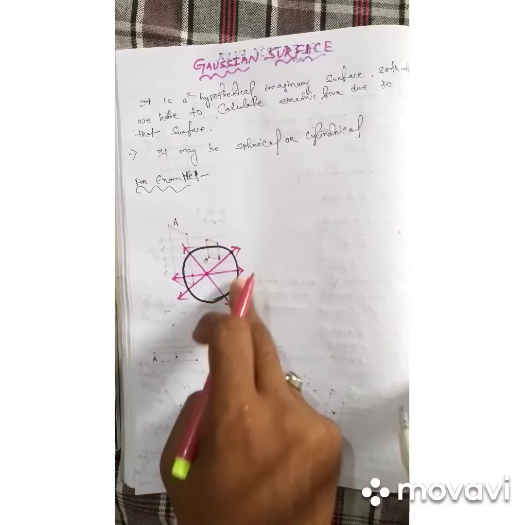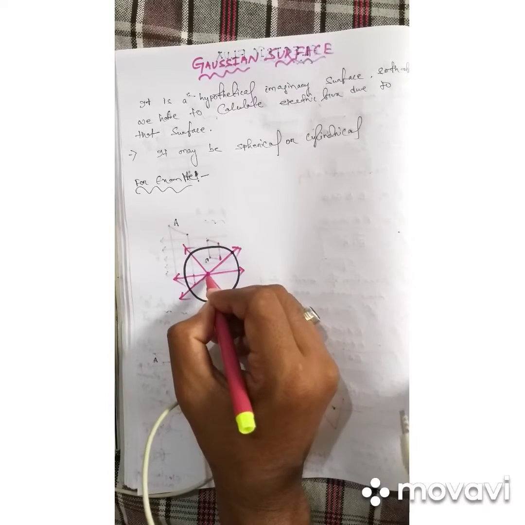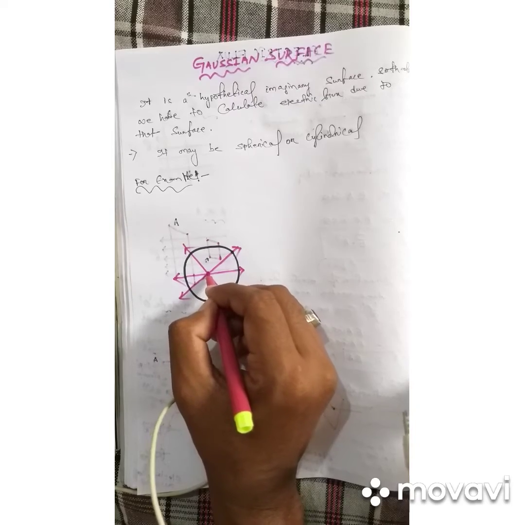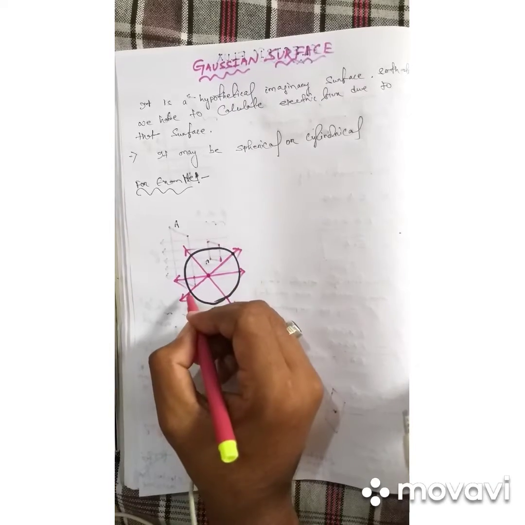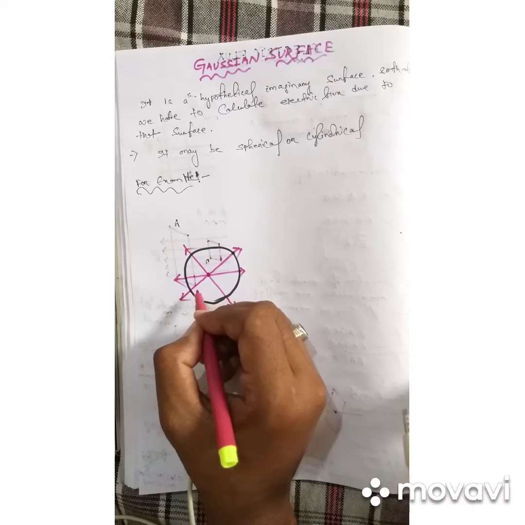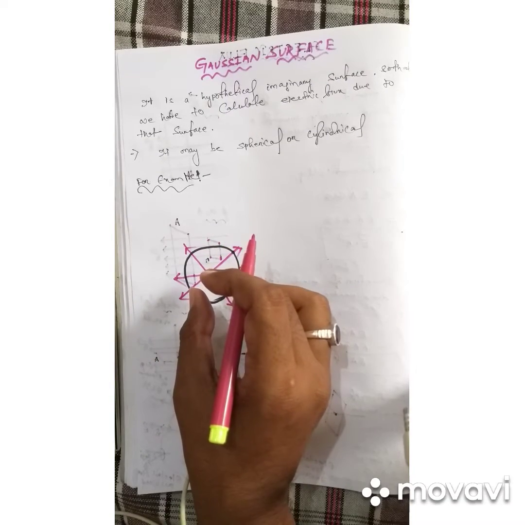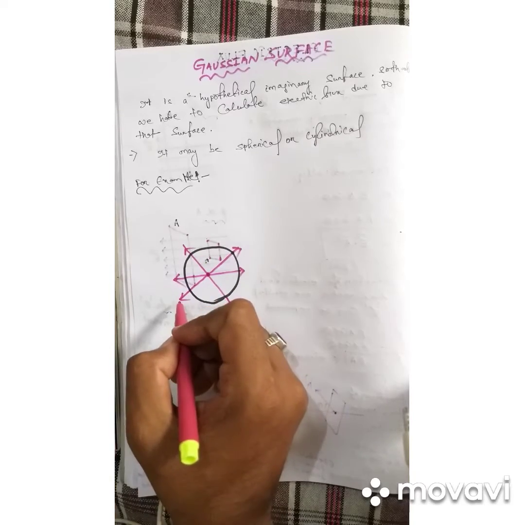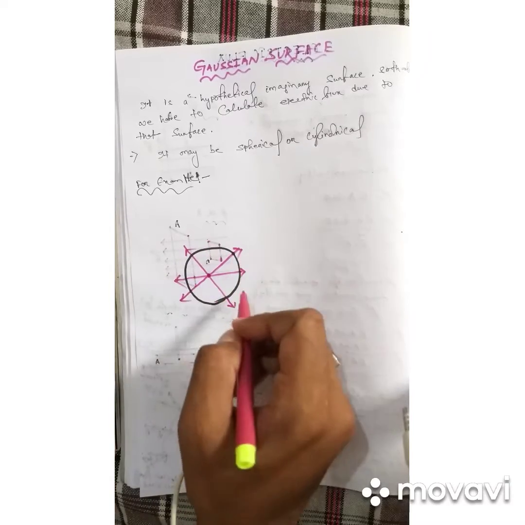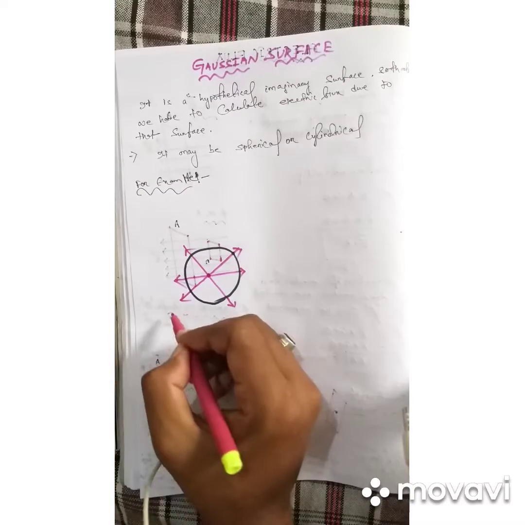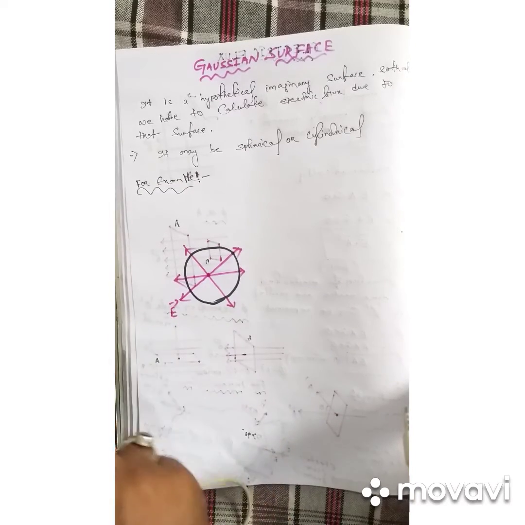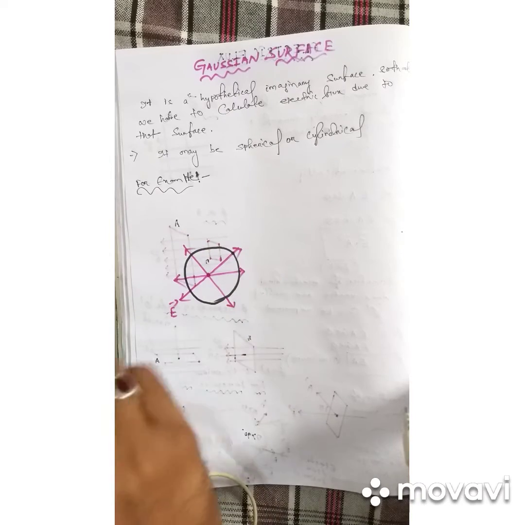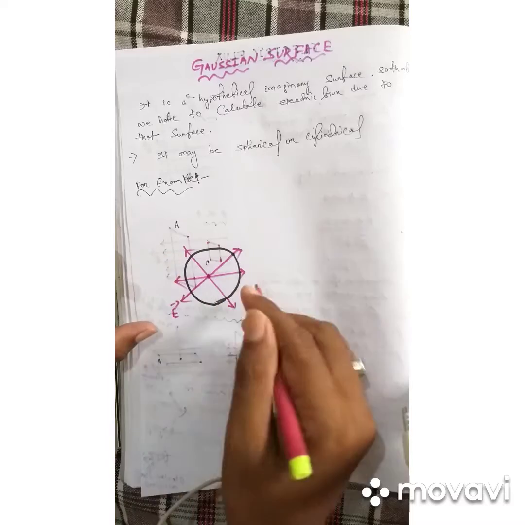Due to the spherical surface, the distance between the center of the sphere and the surface is equidistant in all regions. So the electric field intensity remains constant in every direction. Clear? Electric field intensity remains constant in every direction. So we assume a spherical surface.